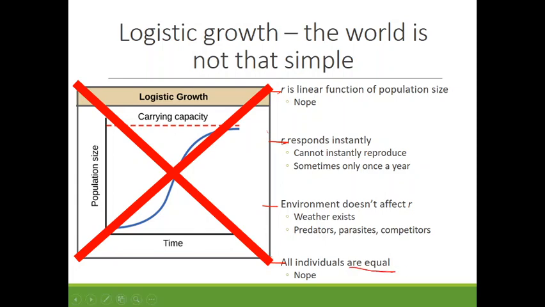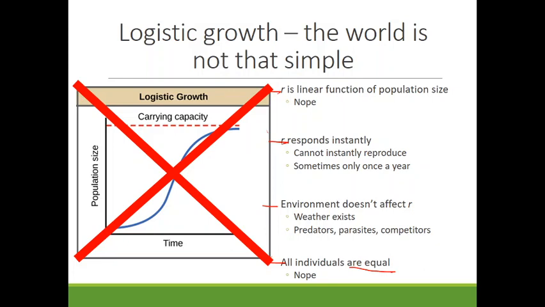If we think about just an oak tree, think about how many acorns an oak tree can produce. This model would just count an oak tree as one oak tree, but a small oak tree is not going to produce very many acorns, as opposed to a huge 200-year-old oak tree, which is going to produce way more acorns, right?